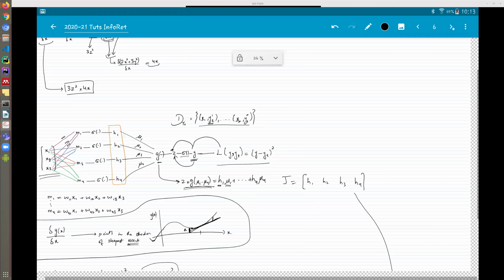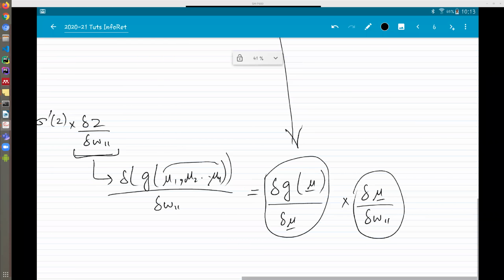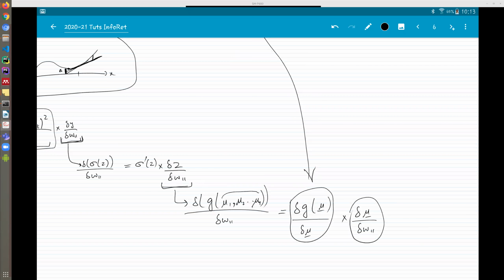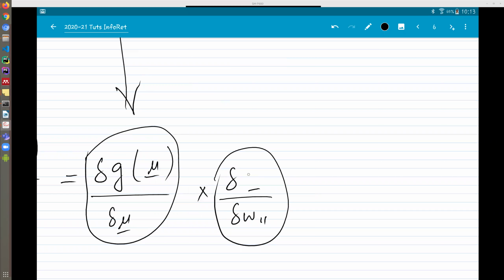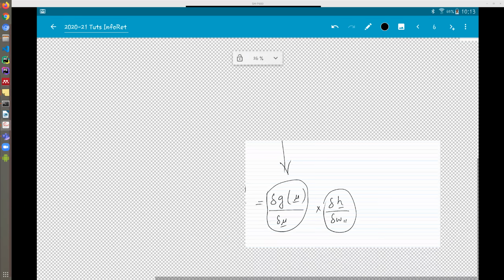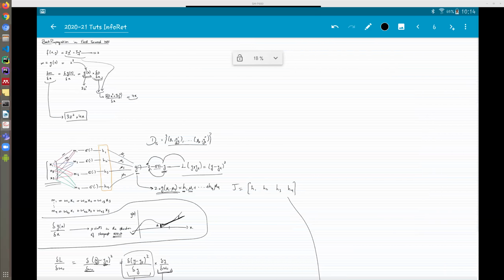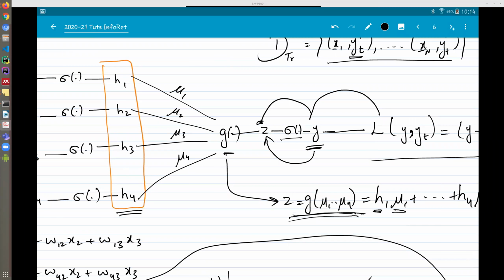Here we actually want to write h, not mu. I confused that, because h is the involved variable here.